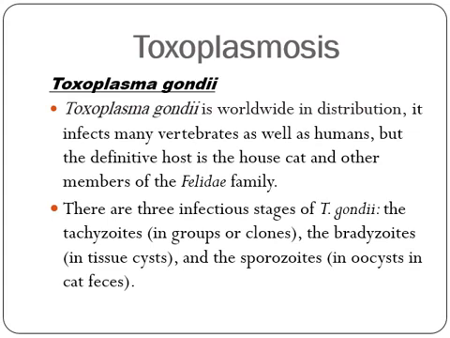There are three infectious stages for Toxoplasma gondii. The tachyzoites: tachy means rapid, so the tachyzoites are actively, rapidly dividing sporozoites of Toxoplasma in groups or clones inside the macrophages of the body. The other is the bradyzoites, which are present in tissue cysts.